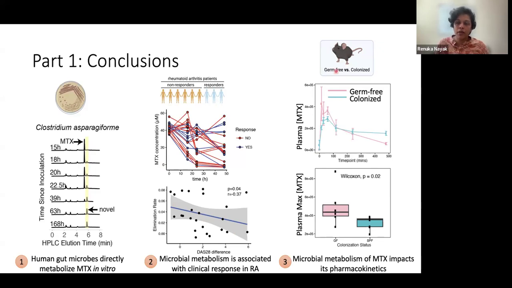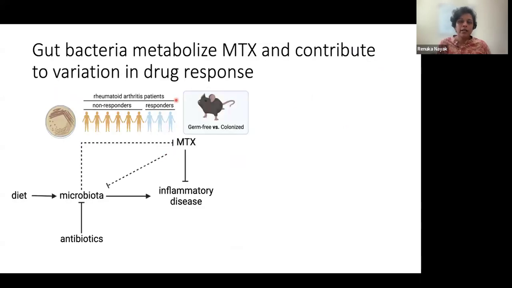This was the germ-free versus colonized, but now we've done this experiment as well in RA patients, different microbiome donors. So this first part of the story shows that gut bacteria metabolize methotrexate and contribute to variation in drug response.